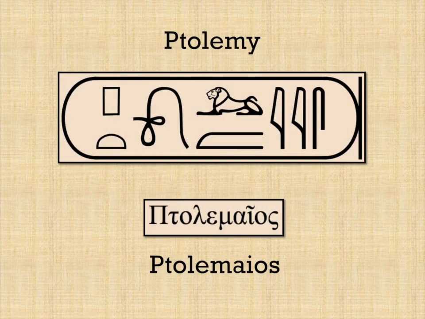We can see that we have different symbols, and these represent the name Ptolemaios in Greek, or Ptolemy as we say in English. We have this rectangle, this sort of semicircle, this thing, whatever it is, a lion, these things, whatever they are, and that. Once again, just like them, we can't really be sure what these things are.